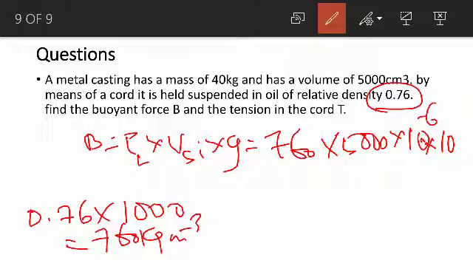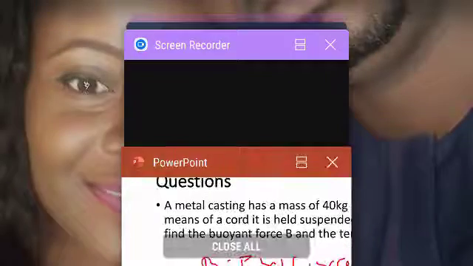Okay, so to calculate that, 760 times 5000 times 10 to the power minus 6 times 10, let's do that quickly.